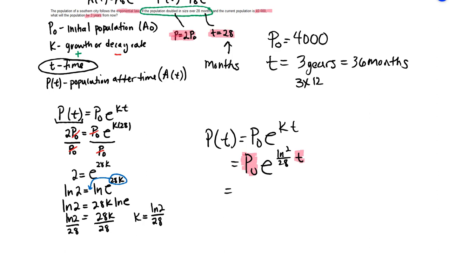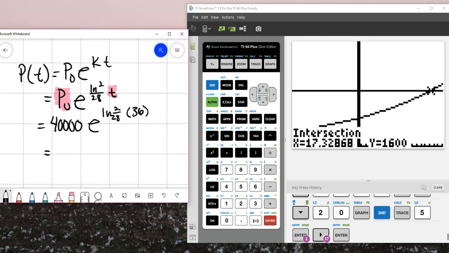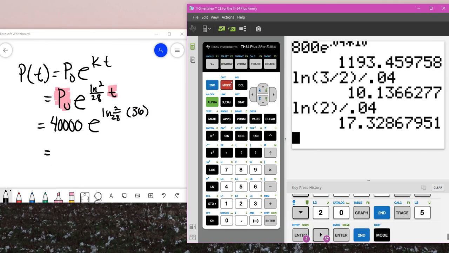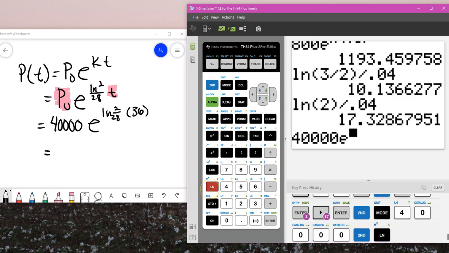So I can substitute 40,000 and a time of 36 months to find out what the population will be 3 years from now. So I'm going to put this in my calculator. 40,000 e.